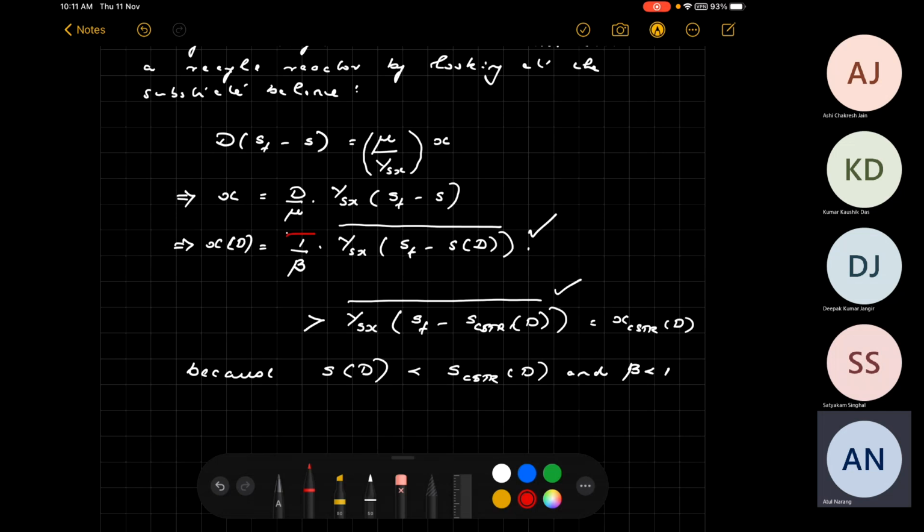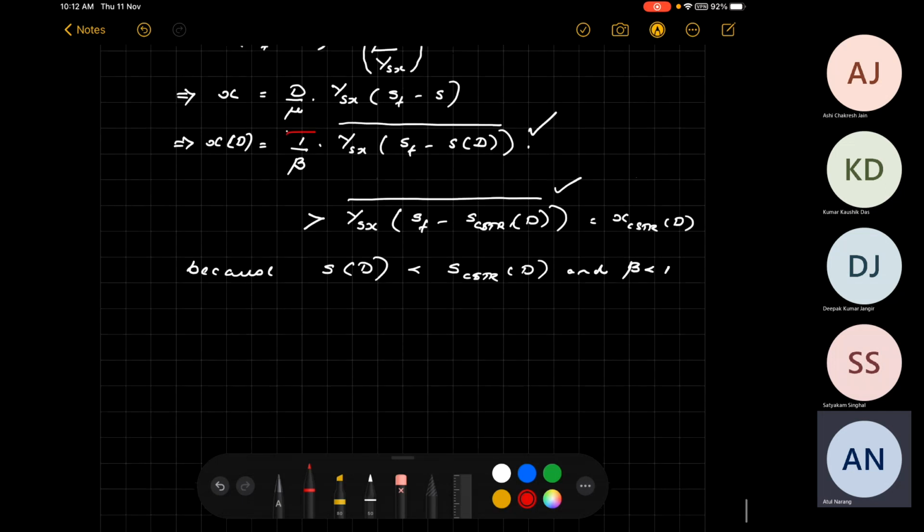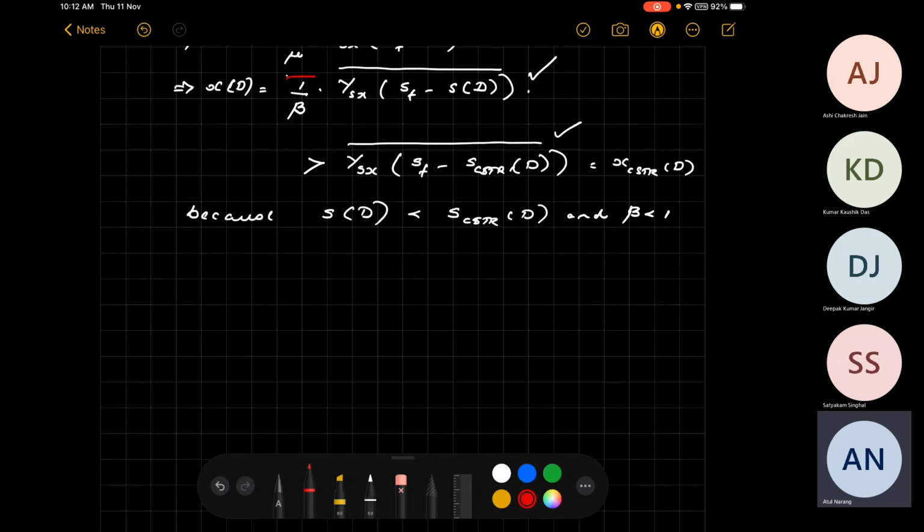So it's pretty clear that the biomass concentration at any D in a recycle reactor is bigger than the concentration in a CSTR at the same D. But how much bigger? I think we want a more precise expression.